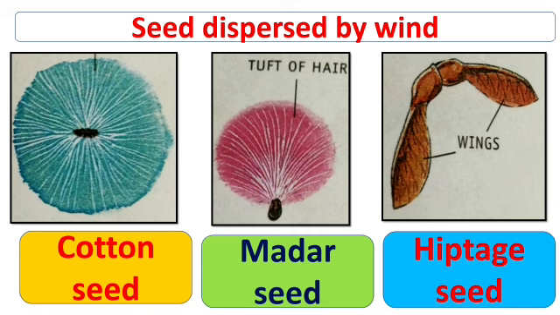Now see the picture of madar seeds. Madar seeds have a tuft of hair. And see in the picture of heptage seed, they have wings. So because of these hairs and wings, these seeds can be easily dispersed by wind.